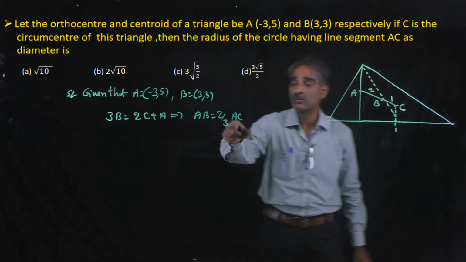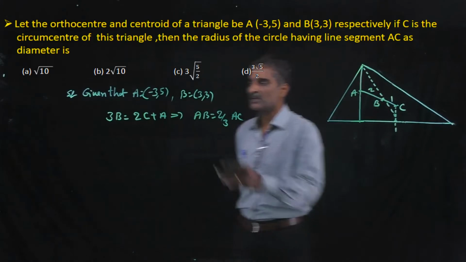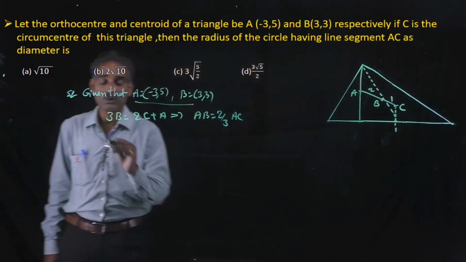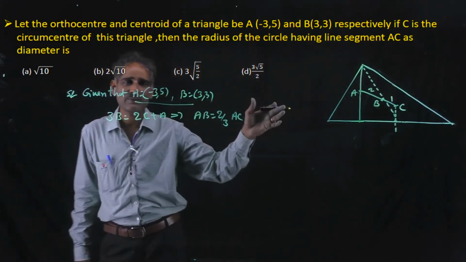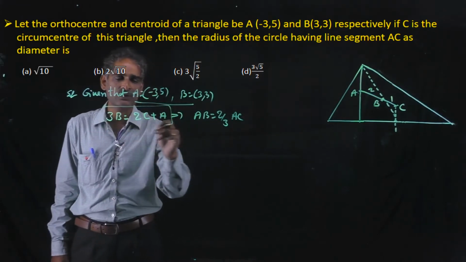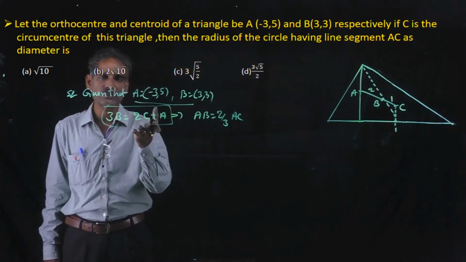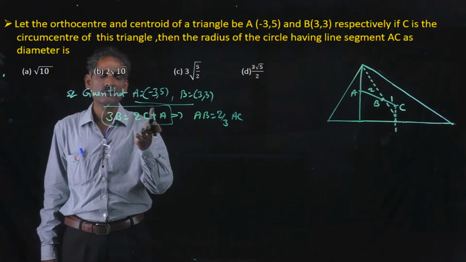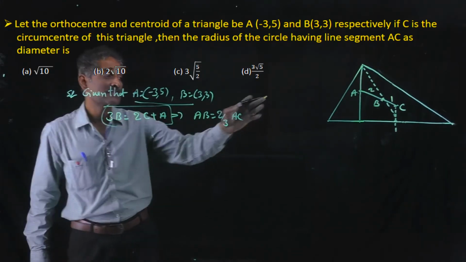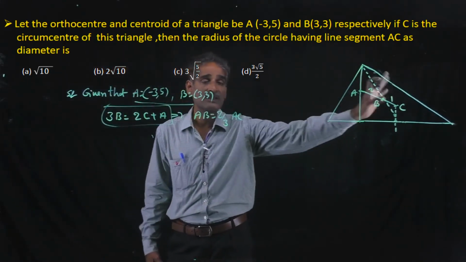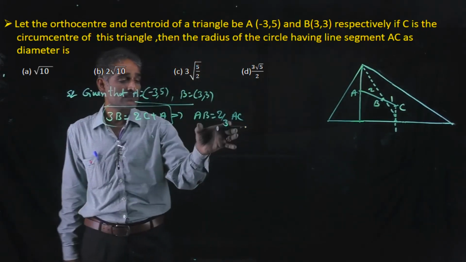AB is equal to 2/3 of AC. So we can find out AB. So what is AB? If the coordinates are given, with the help of this formula we can find out the coordinates. Here we can't use this one. So this is enough. Centroid divides orthocenter, circumcenter in the ratio 2:1. With the help of that we can write this one.